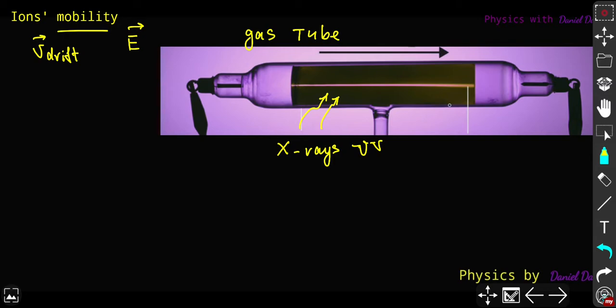But the general principle that we are going to explore, we just apply classical mechanics. Okay, so we plugged positive terminal here and negative terminal here. In a gas tube, and for example in a CRT, cathode ray tube, however, there is a high vacuum inside. So right now we are not going to explore vacuum, but rather we explore gas.